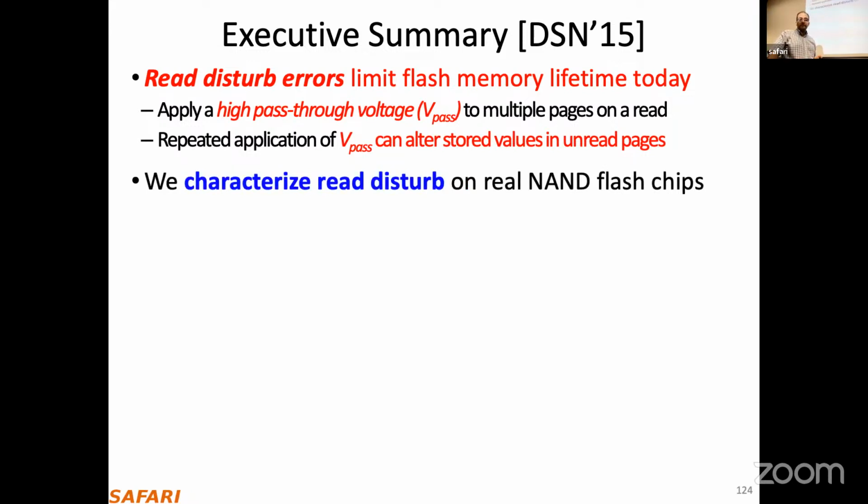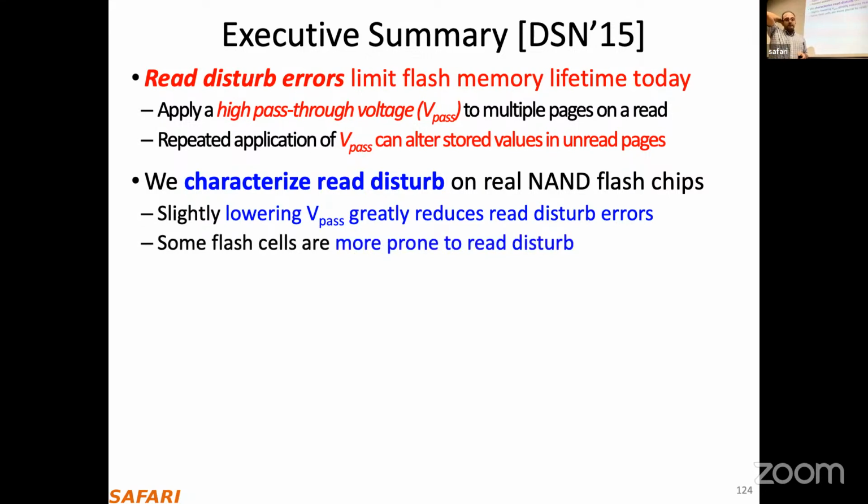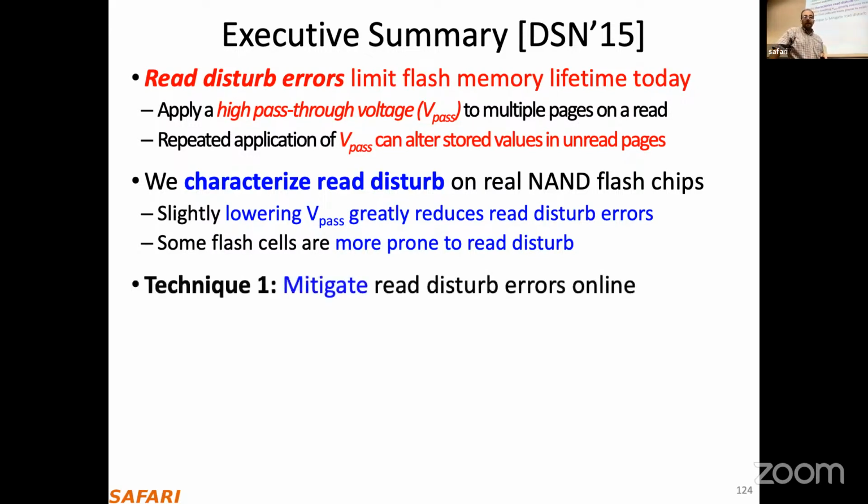We characterized read disturb on real NAND flash chips, and observed that by slightly lowering pass voltage, we can greatly reduce the number of read disturb errors. Some flash cells are more prone to read disturb, which we will see later how we can use. So we have two techniques.